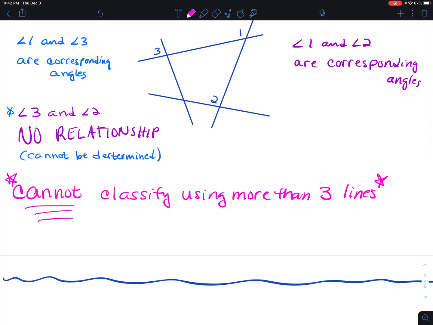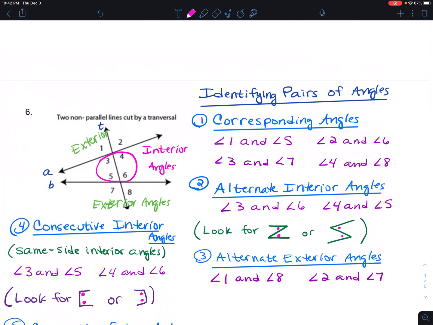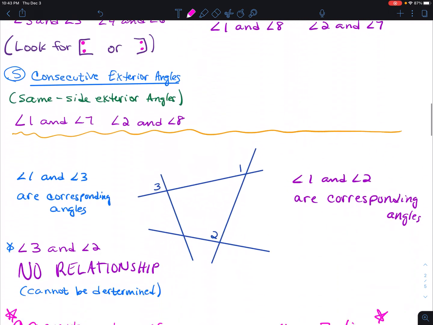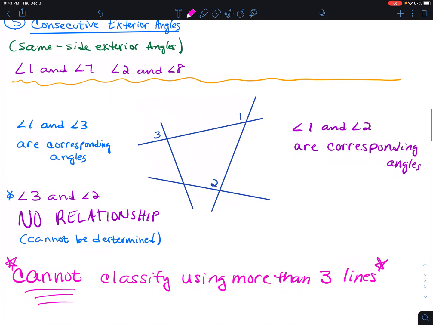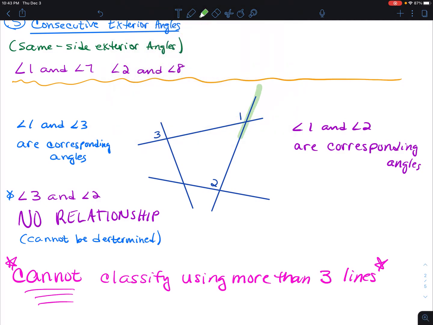Okay, and the reason being, if you look where we started, every single one of these pairs, I'm only using 3 lines, A and B and the transversal T. But when I get into crazy pictures, if you outline those specific angles, like angle 1 was made with this line and this line, and angle 2, I only have 3 lines highlighted.